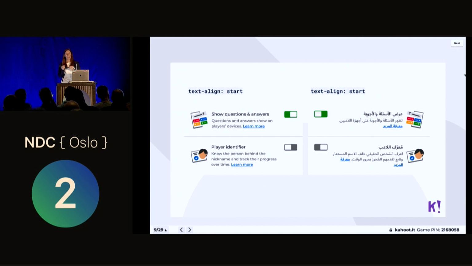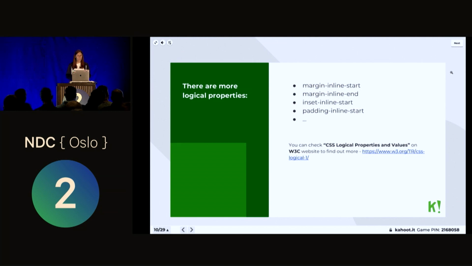CSS will take the value of the direction attribute, which I was talking about just now, and apply correct rules depending on the direction of that preferred language. There are several logical properties, like margin-inline-start and many more, so you can check them on the W3.org website if you need to use them.